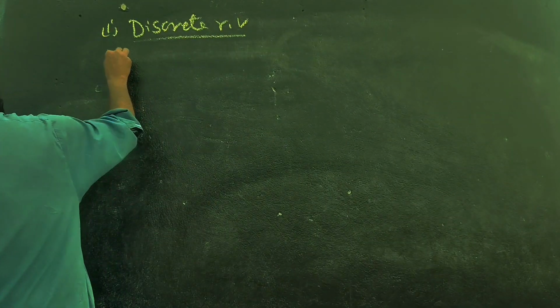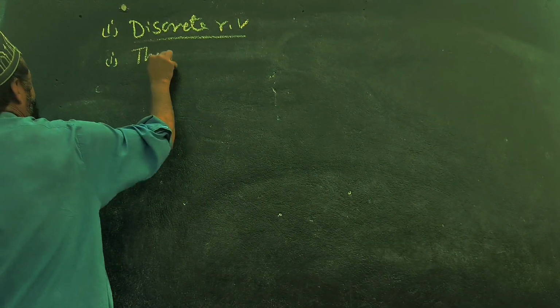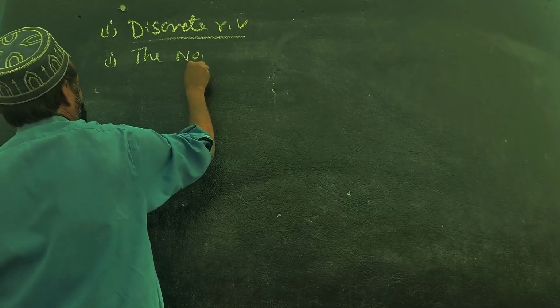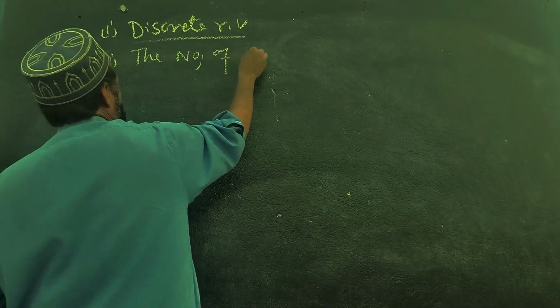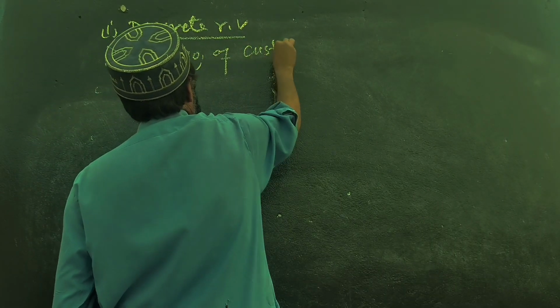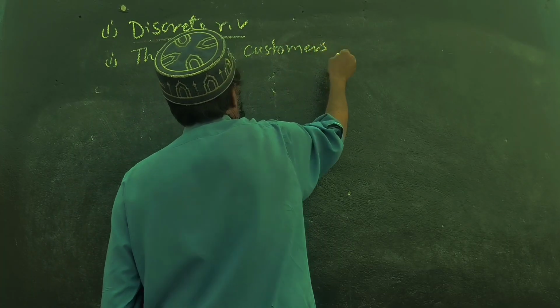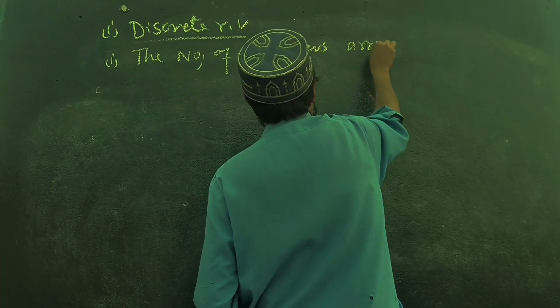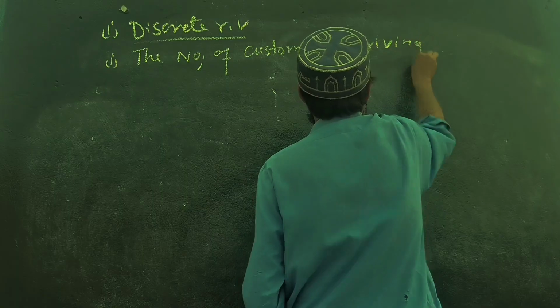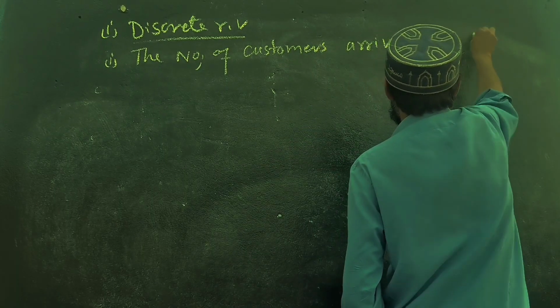For example, number one, the number of customers arriving at a paying center.